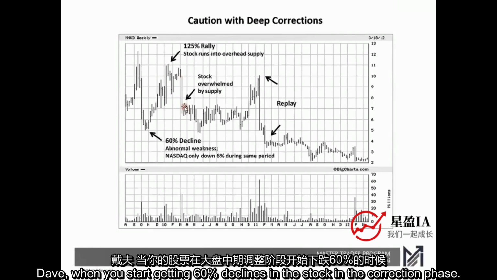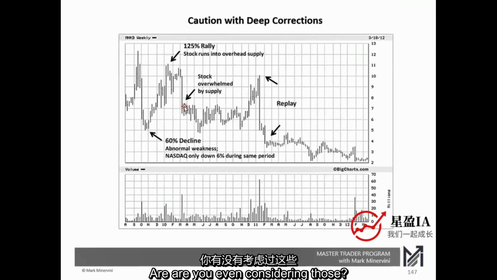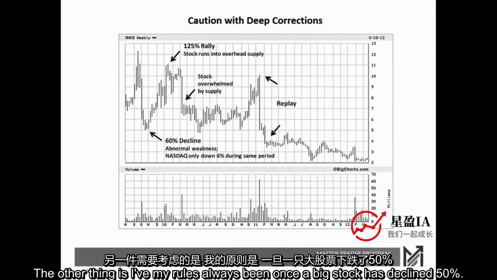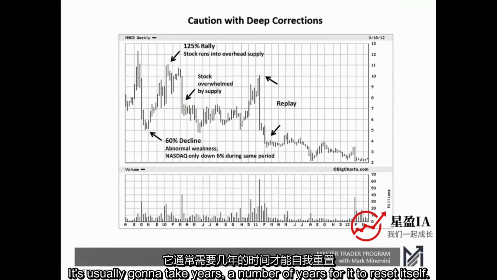Dave, when you start getting 60% declines in the stock in the correction phase, are you even considering those? No, because the stock then has to more than double to get back to new highs. And the other thing is, my rule has always been, once a big stock has declined 50%, it's usually going to take a number of years for it to reset itself.